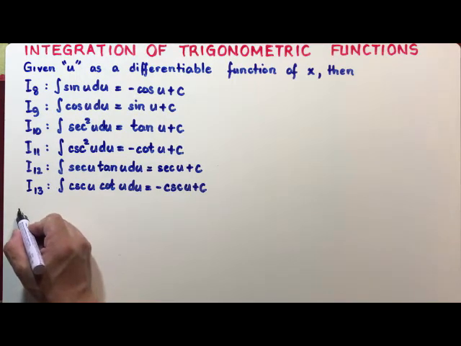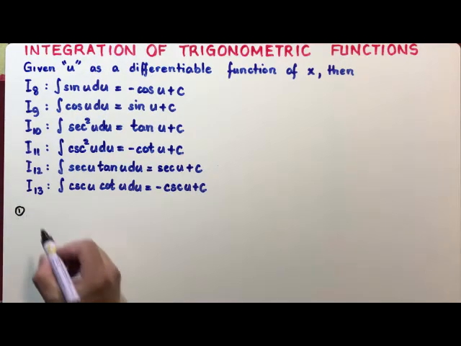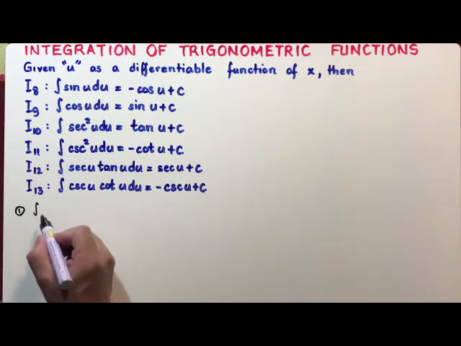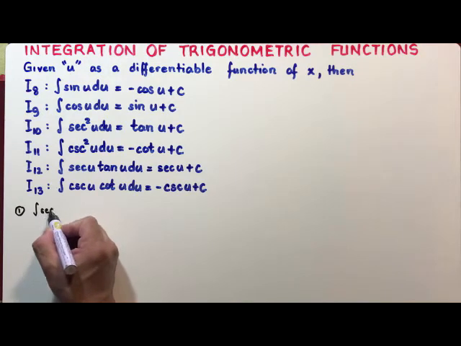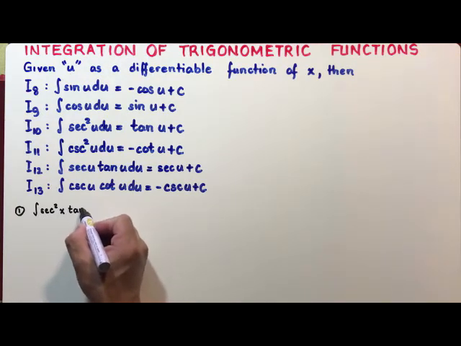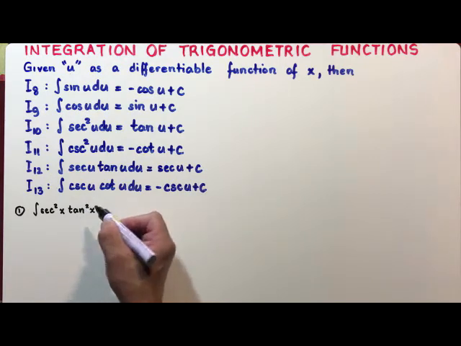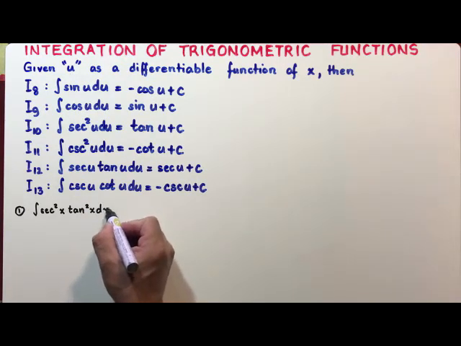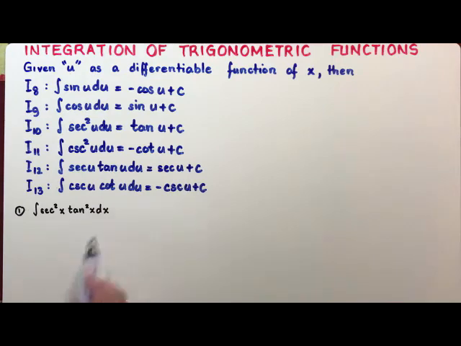So example number 1. What is the integral of secant squared x times tangent squared x dx? Now looking at this example, we haphazardly think that we can readily apply the formulas above.